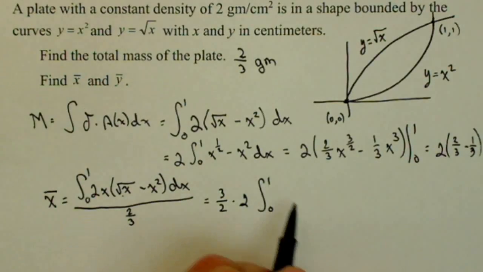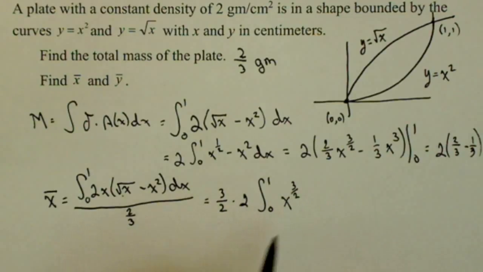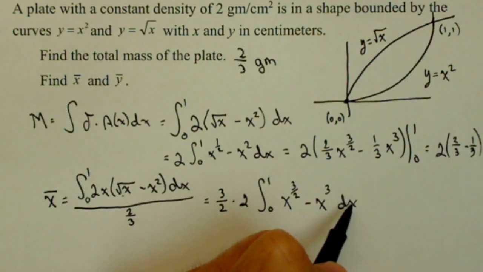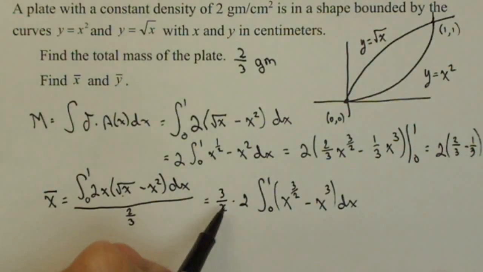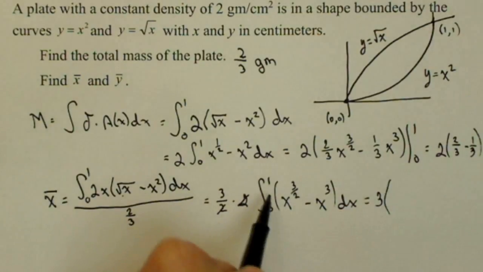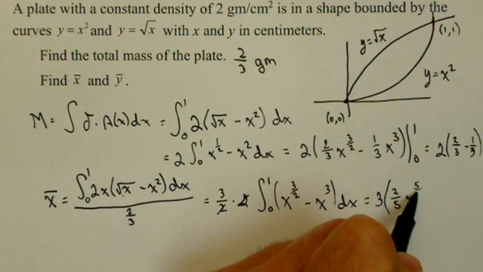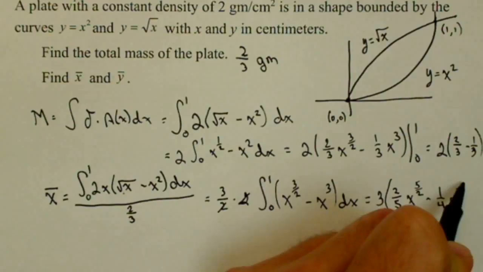If I distribute this through, it's going to give me x to the 3/2, because x to the 1/2 times x to the first is x to the 3/2, minus x cubed dx. We can simplify this a little bit. Let's go ahead and take our antiderivatives. So we'll have 2/5 x to the 5/2 minus 1/4 x to the 4th.